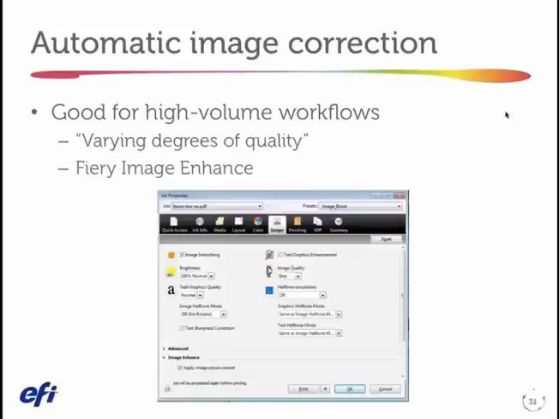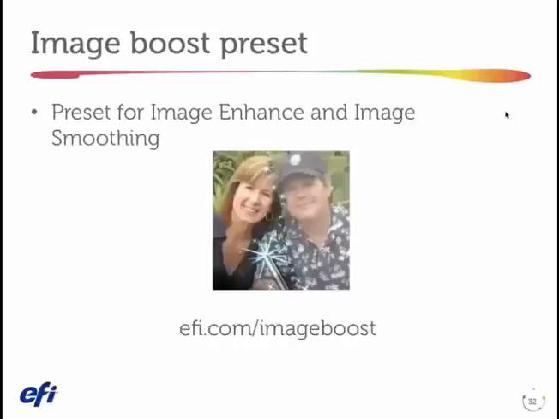We have the image enhance feature on the Fiery, again, something that I enable in the job properties. Image enhancement does a whole range of things, and I'm not going to show you the controls, but it can adjust the tonality, it can adjust color balance, it can adjust color saturation, and it can actually automatically fix things like red eyes that might be a problem in a photograph.